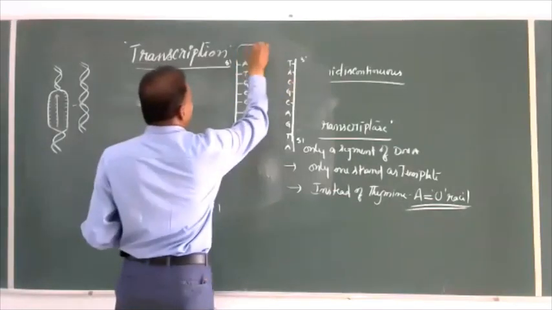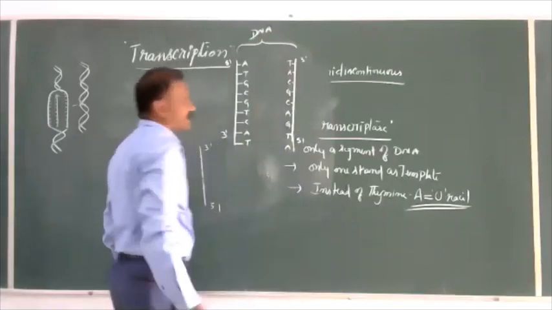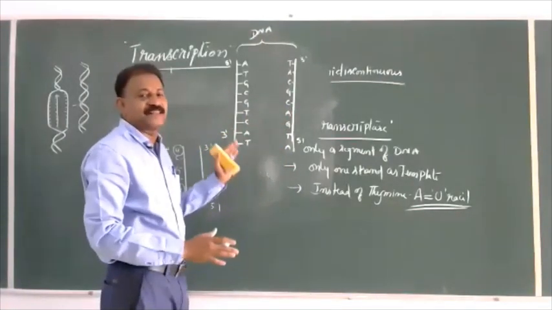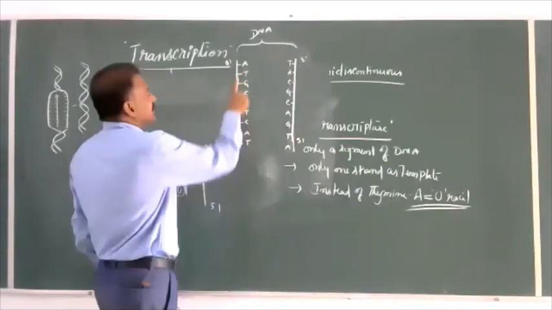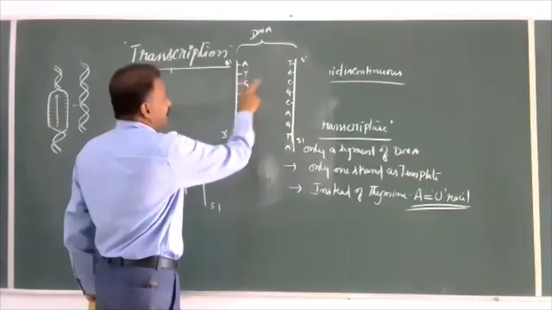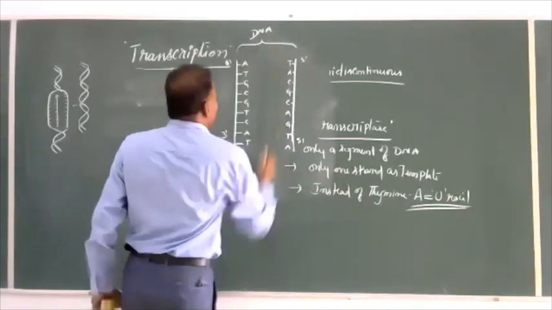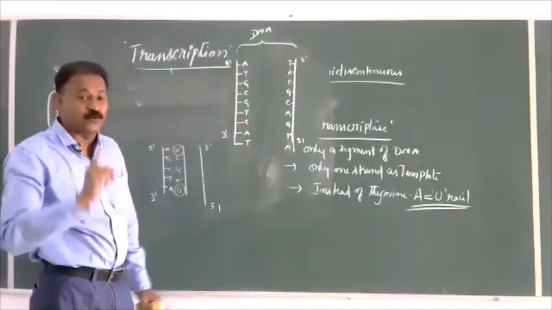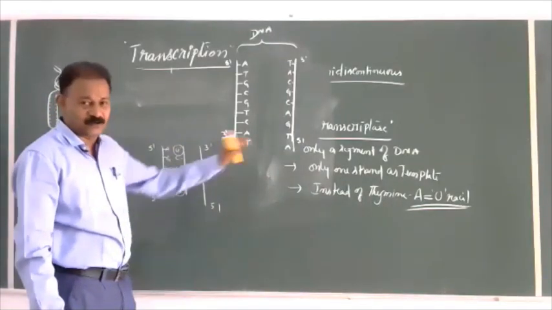Both are DNA strands, a part of the DNA molecule which is opened during transcription by the activity of the enzymes. Unwound here, when they were separated by breakdown of hydrogen bonds, transcription law says that out of the two strands, only one strand produces the RNA molecule, but not two.